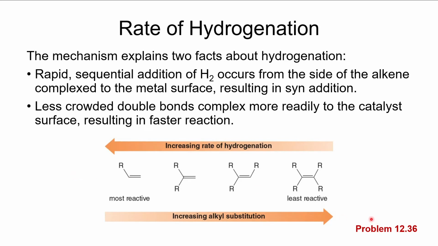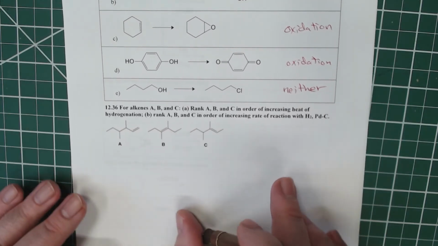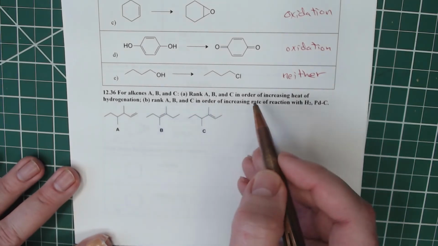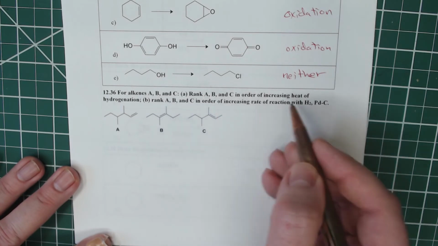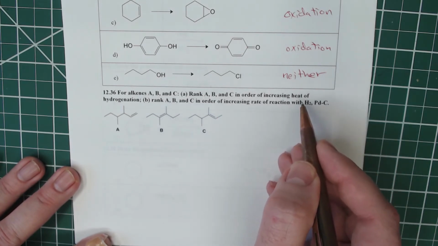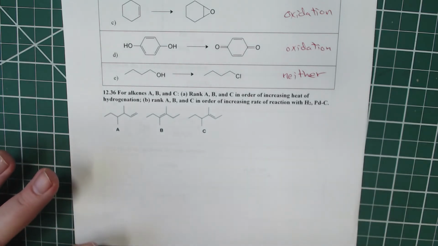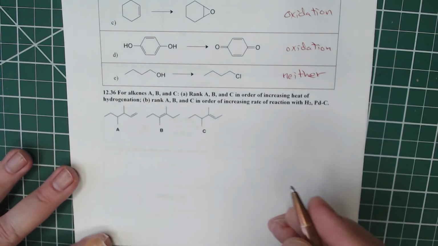All right, so let's look at number 36 on the in-class assignment. I'll go over to our document camera here. All right, so we have alkenes A, B, and C. We want to rank A, B, and C in order of increasing heat of hydrogenation. So the more stable is going to have the smaller heat of hydrogenation.